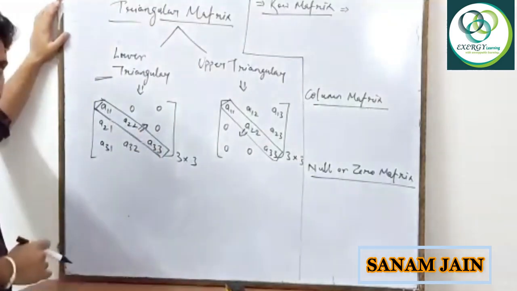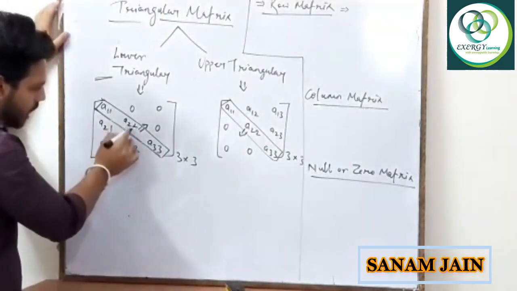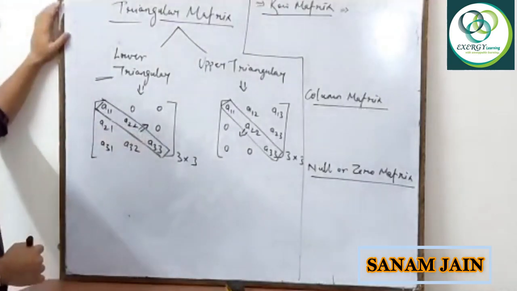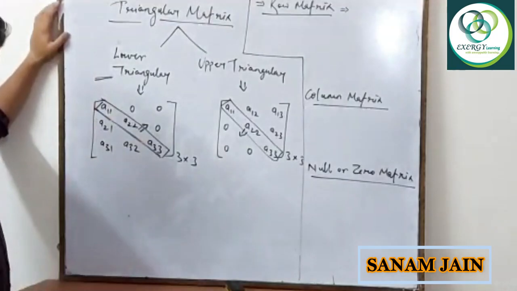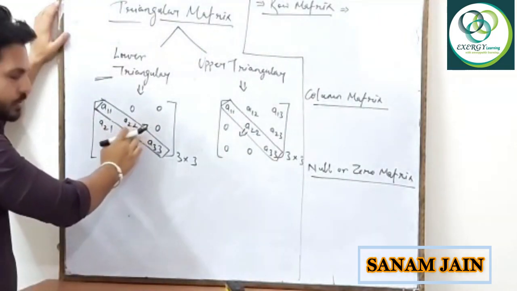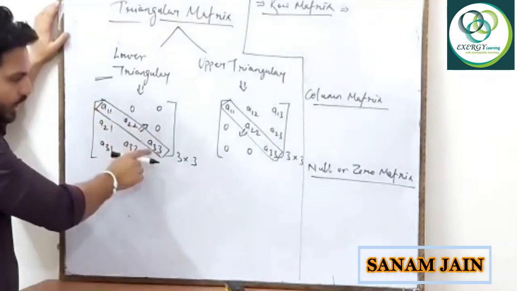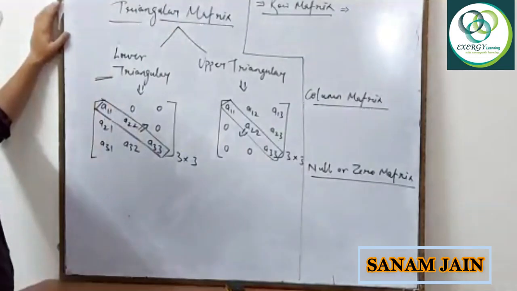So if all the elements above the main diagonal are equal to 0, we can say this is a lower triangular matrix.